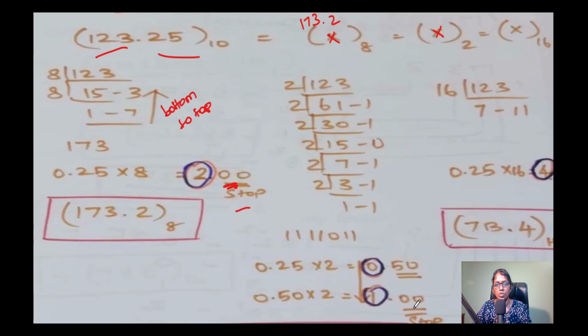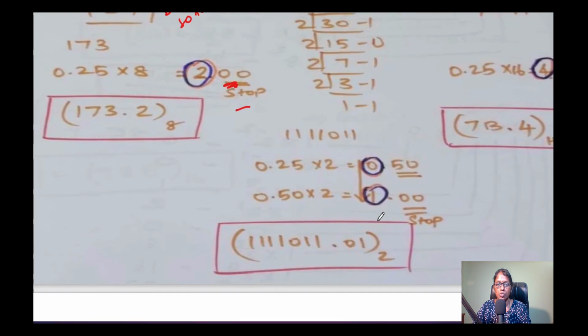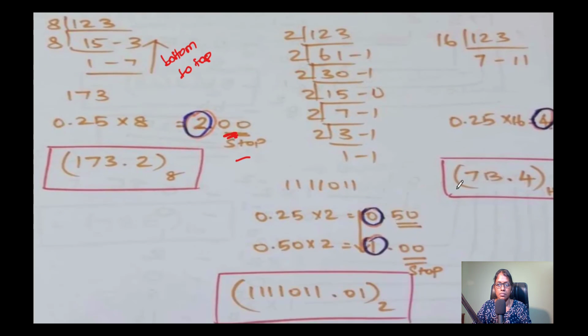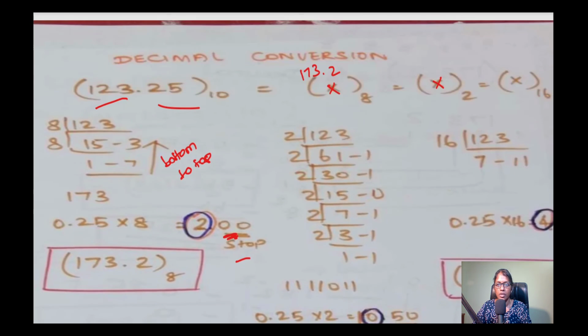When 00 is received, you have to stop the process. Take down the fractional part only from top to bottom: 0, 1. So 1111011.01 is the answer.